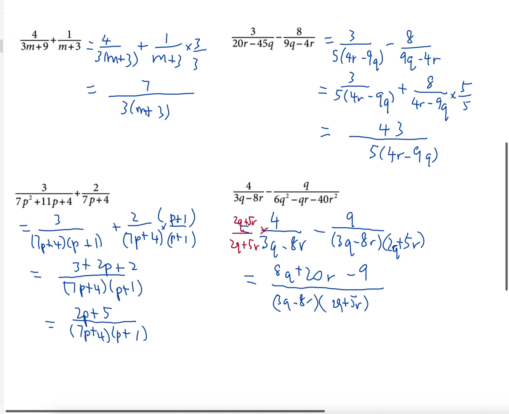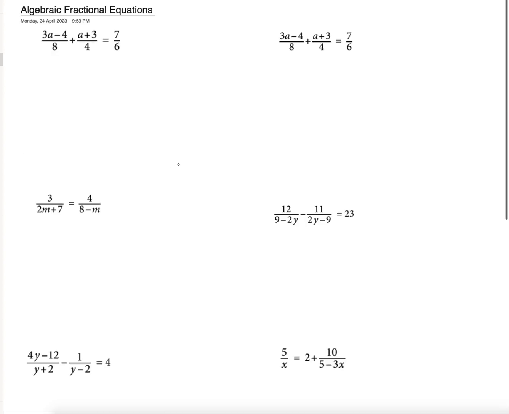Next, we move to algebraic fractional equations. For algebraic fractional equations, we have two methods or two approaches. In the first one, we want to get rid of the denominator by multiplying throughout by the LCM. Remember that the LCM is where they must all have the same factors.